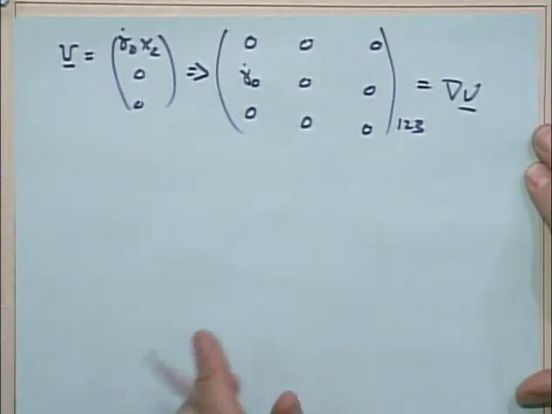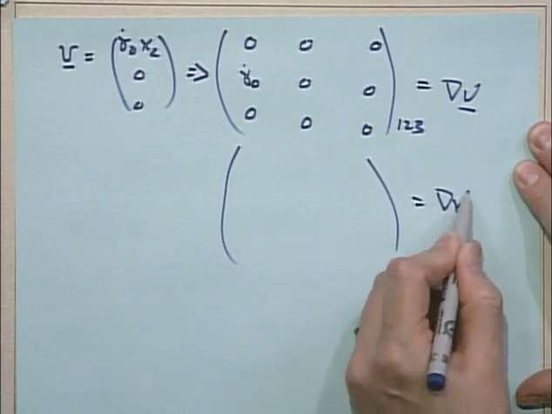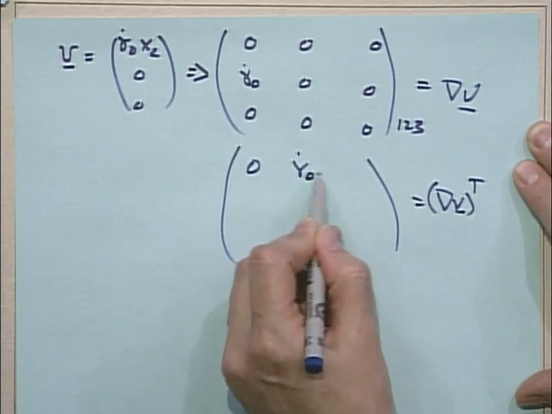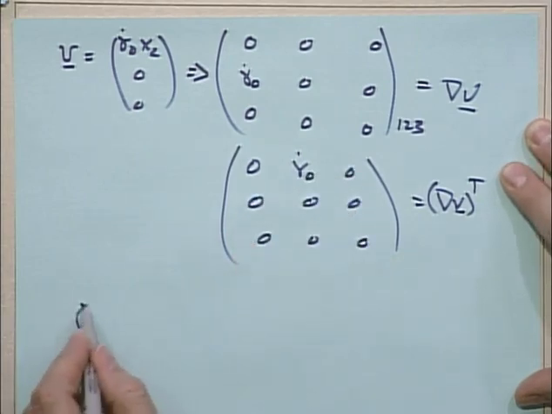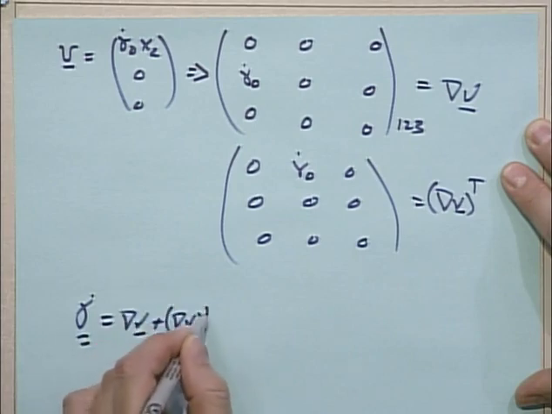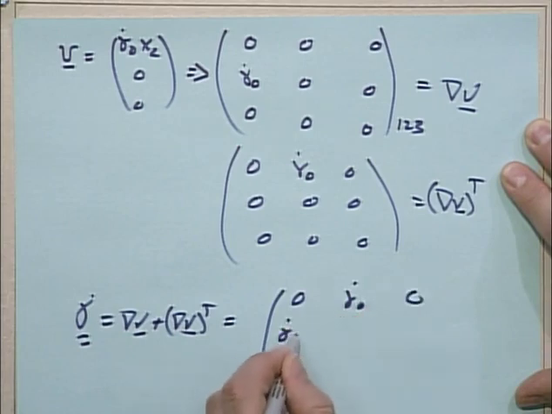So that's del V. Del V transpose is rows and columns reversed. And so it is 0, gamma dot naught, 0, gamma dot naught, 0, 0, 0, 0, 0.